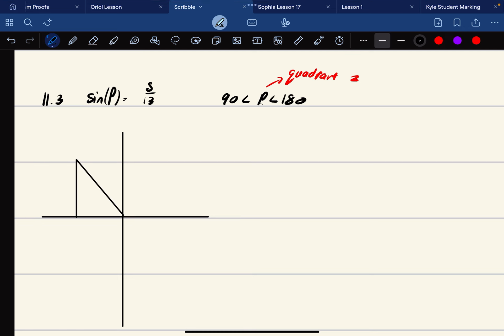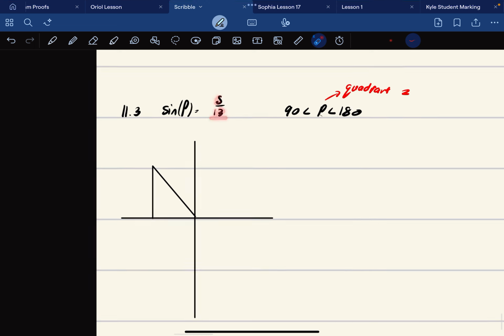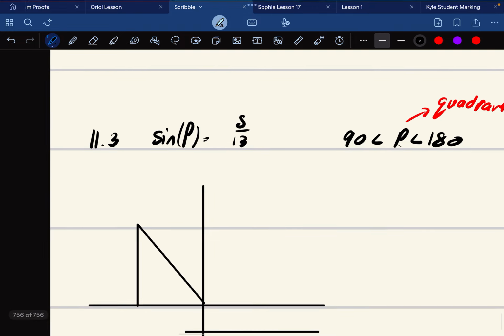And we know here that sine is positive in quadrant 2, right? And this verifies that. 5 over 13 is positive, and sine is positive because it's all A, S, T, C. So we know sine is positive here, so that's excellent. So what is sine?